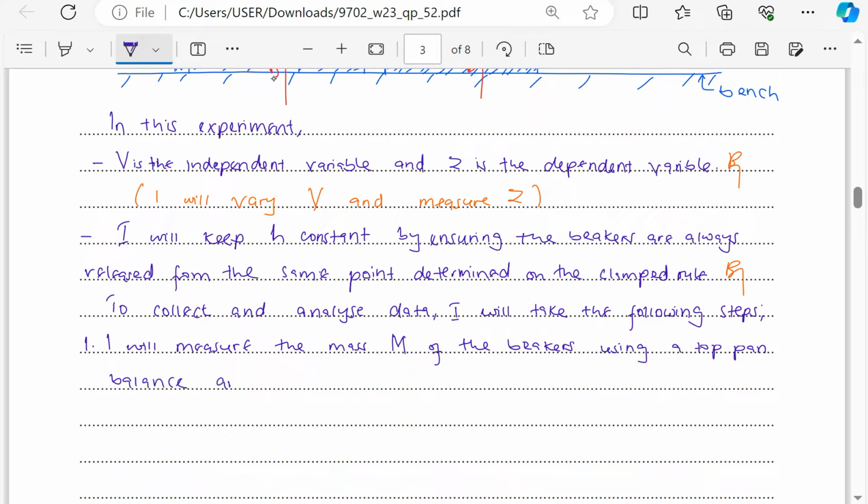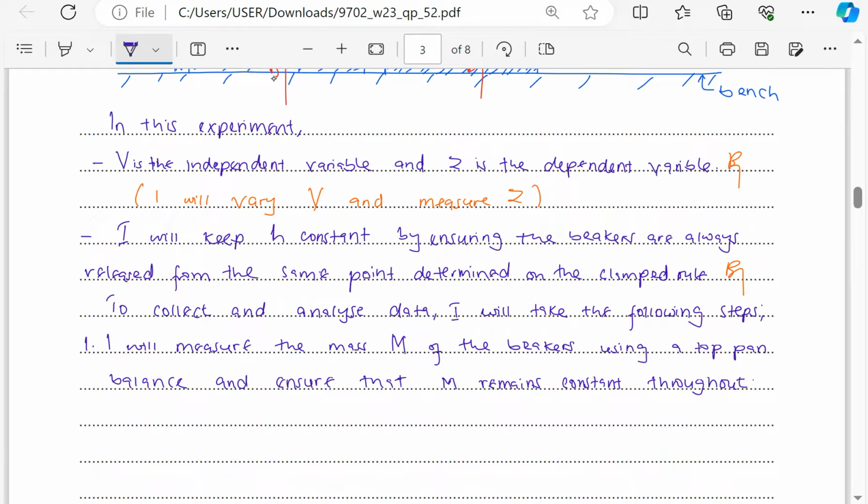and ensure that M remains constant throughout. If M changes, the experiment will have changed.